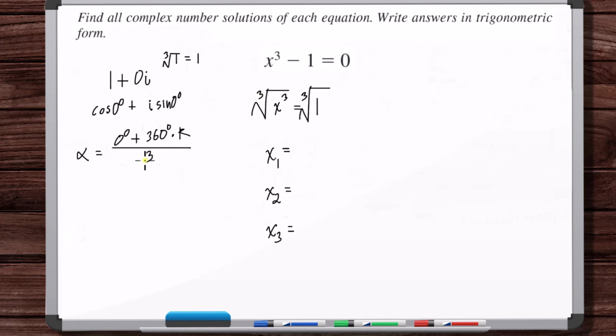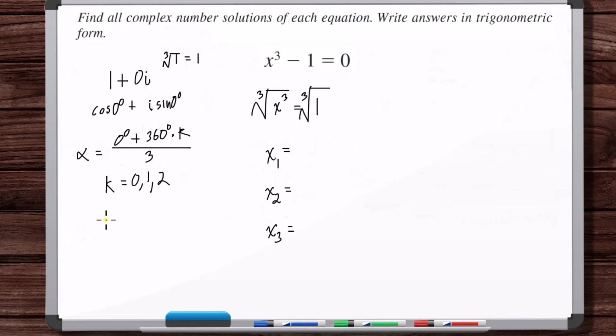The 3 alpha values are going to be for k equal to 0, 1, and 2. We stop at 2 because we got 3 values. If we had n equal to 5, we'd have 1, 2, 3, 4, 5 values. You stop at n minus 1.